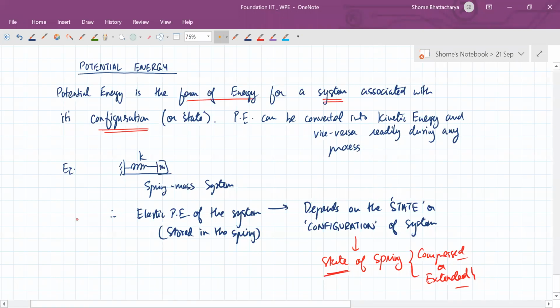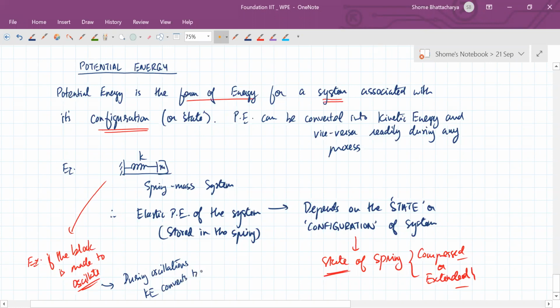So for example, here, if the block is made to oscillate, then in the oscillation, kinetic energy converts to potential energy, and potential energy to kinetic energy during the motion.